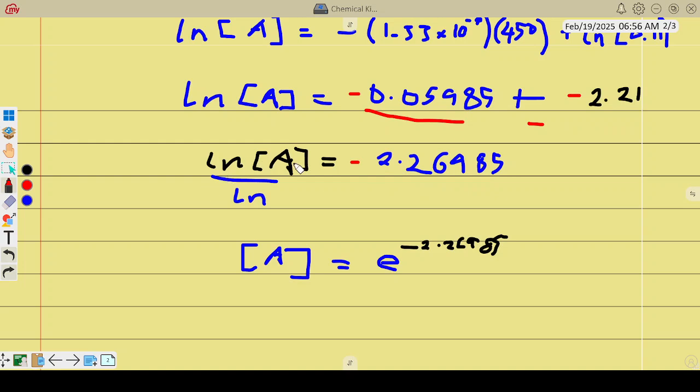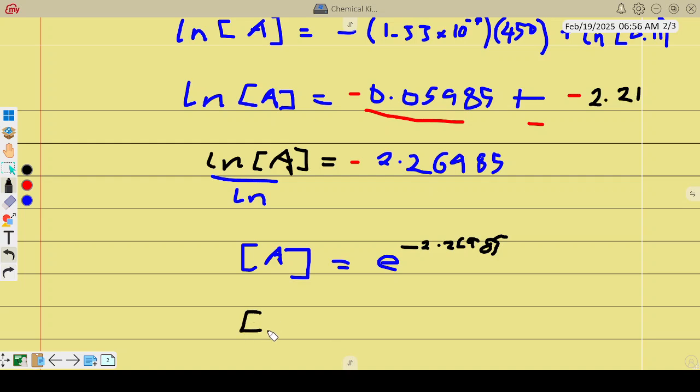And then to get rid of the ln, we introduce the natural exponential. That's what has happened. So I hope you know how to punch that on the calculator.